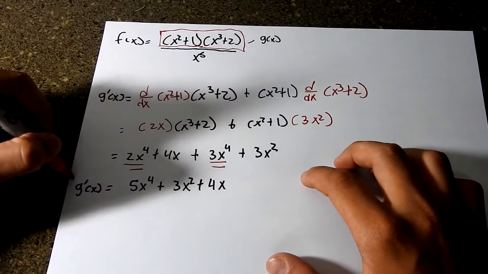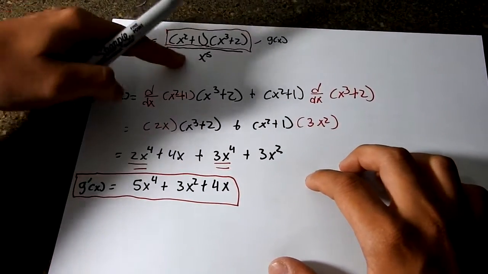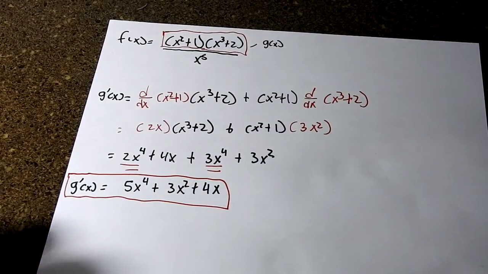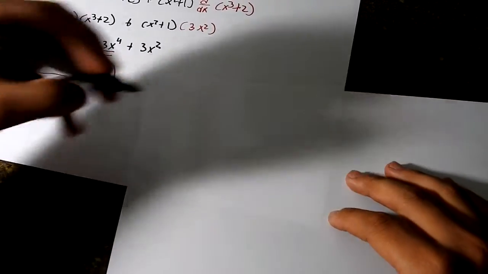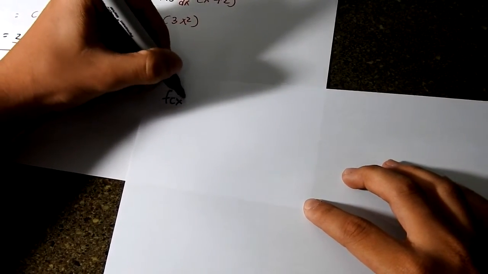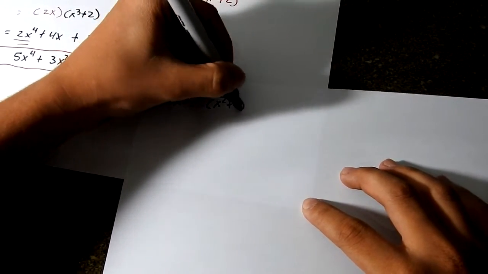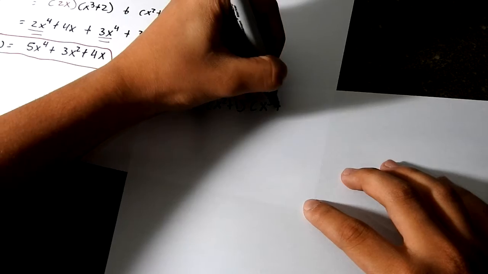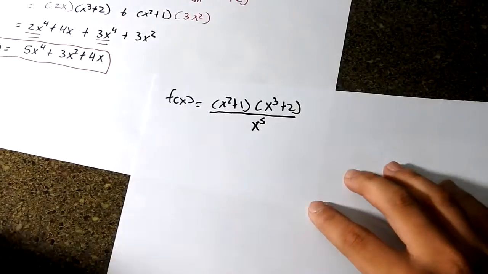So now we have found the derivative of our numerator in this function, right? So I'm going to get another paper over here, and then let's rewrite our function of the problem. So we have x squared plus 1 times x to the 3rd plus 2 over x to the 5th.